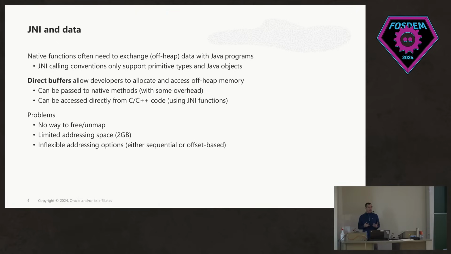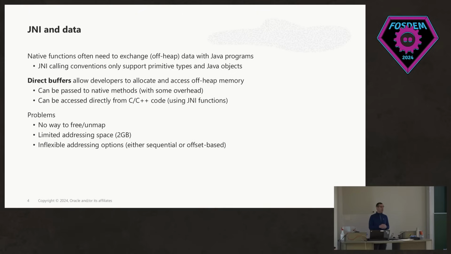One of the issues with direct buffers, perhaps the main one, is that there is no deterministic way to free or unmap a byte buffer. So if you are done using your off-heap memory, you basically have to wait for the garbage collector to determine that the byte buffer is no longer reachable from your application, and that can have a latency cost. There was also a problem in the addressing space.